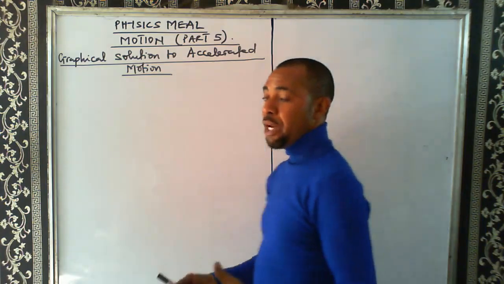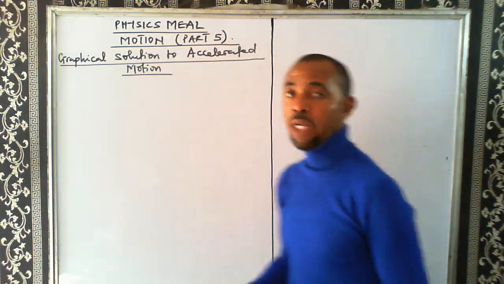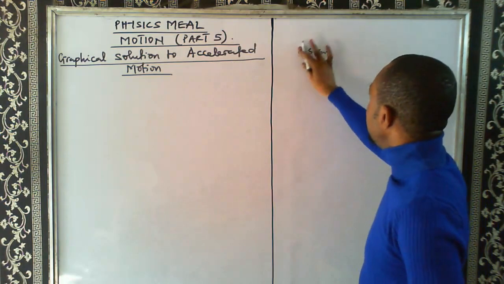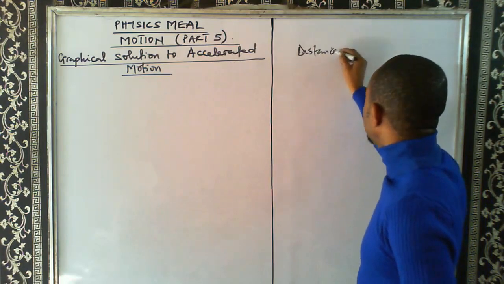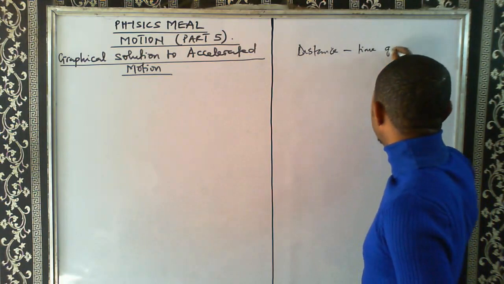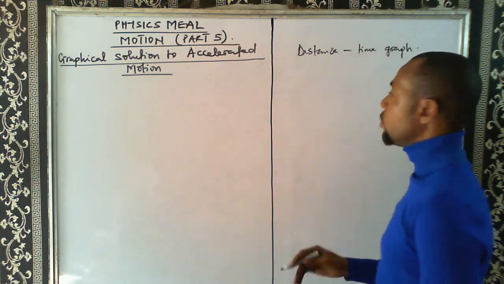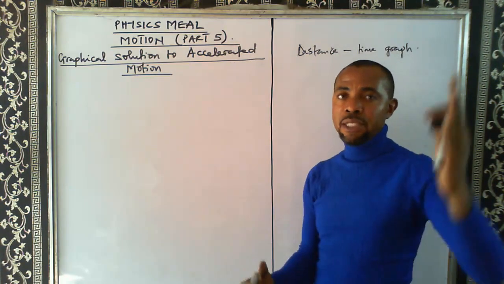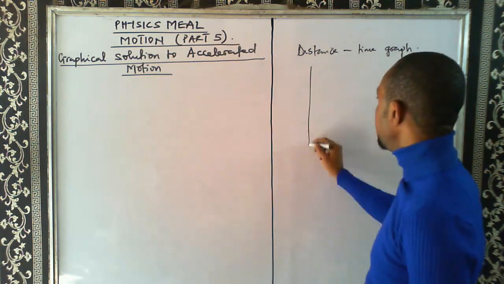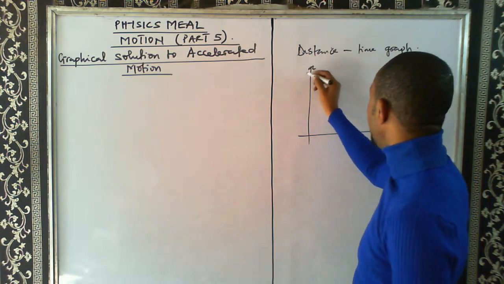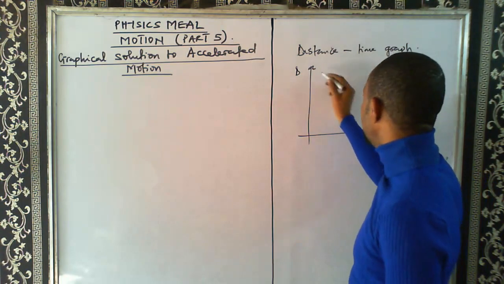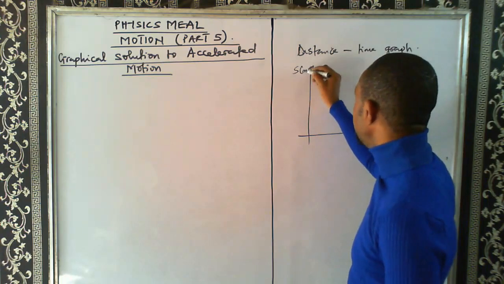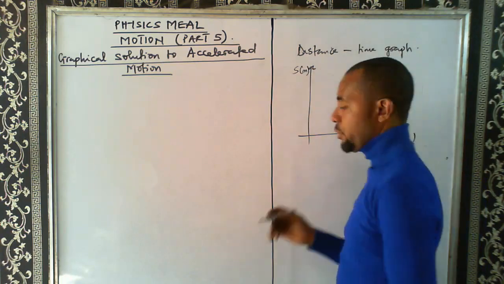Now in motion we have so many graphs that we encounter. We have the distance time graph. The distance time graph is the graph of distance against time. We normally use x to represent distance in meters, and time in seconds.